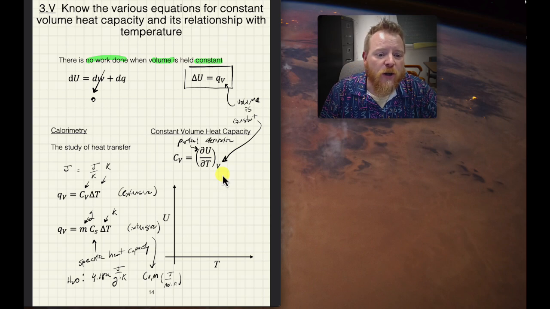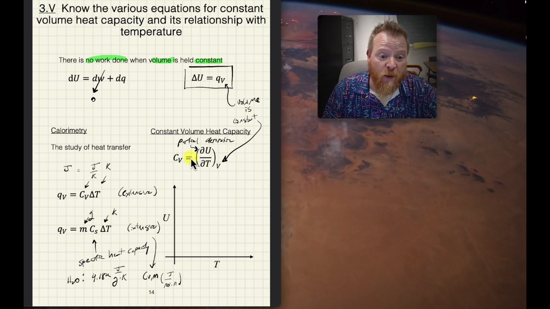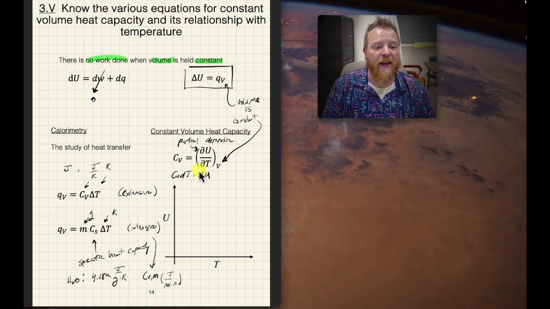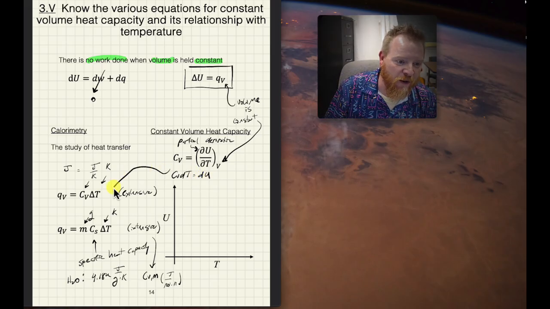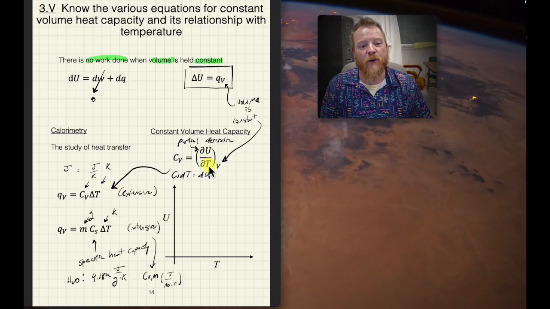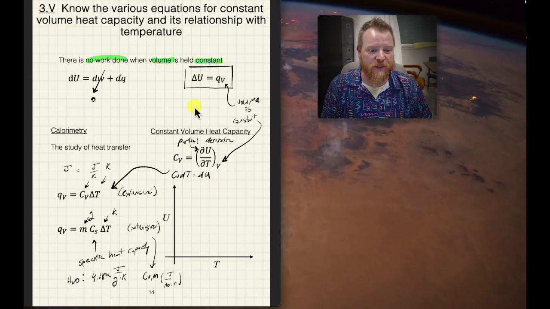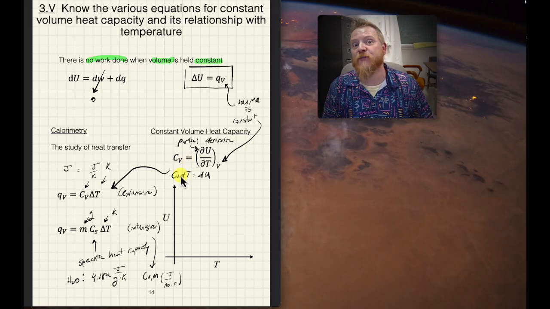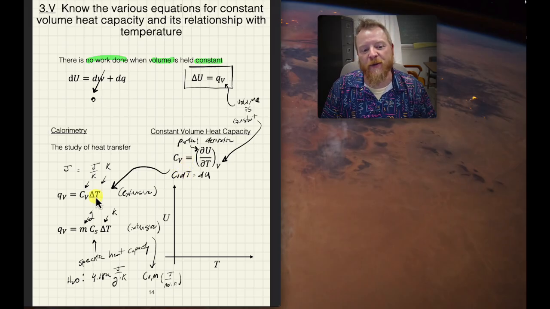Now we can expand out on these partials: I could separate them and write CV dT equals dU. This is where that equation comes from. We know that dU is equal to qV, and if we integrate dT from T initial to T final, it becomes delta T.